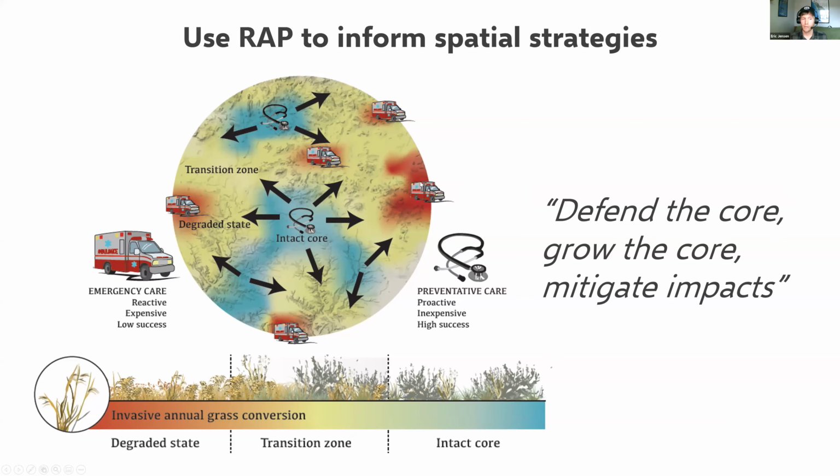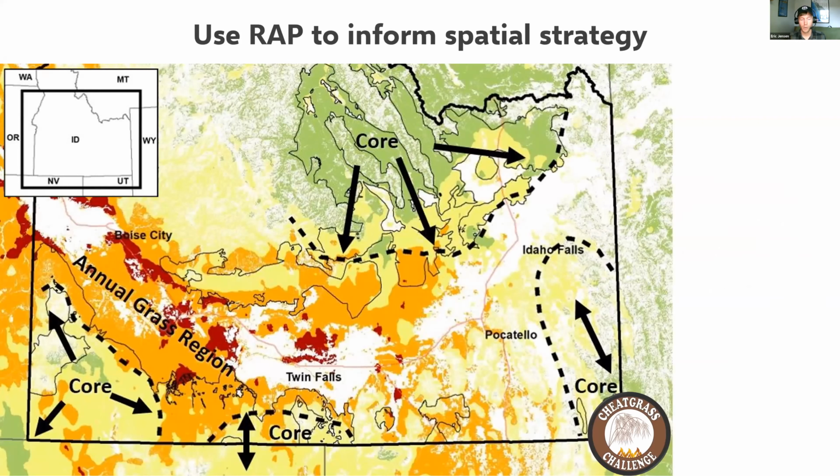Radiating out from those core areas, you can see these arrows depicting where you would maybe want to try to grow those core areas, especially in the context of disturbance like fire. And those are both opportunities and places where you would want to prevent cheatgrass, in this case, from gaining a foothold.